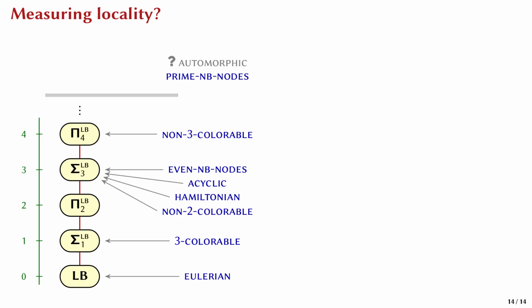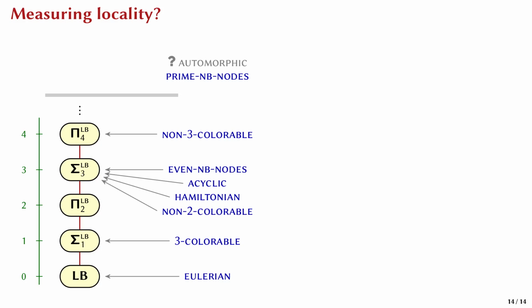Alright, so now the big question is whether this scale really captures our intuition of locality. I think most people would agree that Eulerianness is a purely local property. Each node just has to verify that its own degree is even. And I think it's also somewhat intuitive that having a non-trivial automorphism is a very global property.